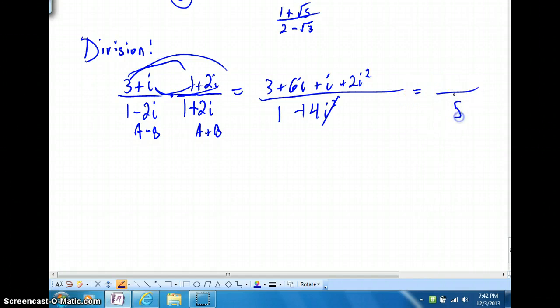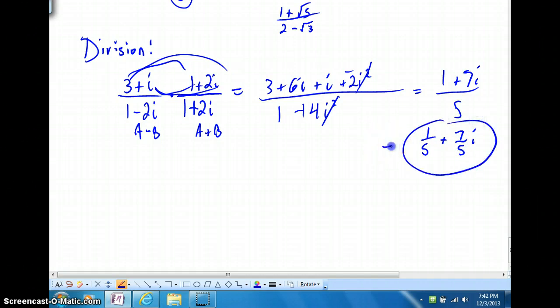Down below, we, of course, have a 5. Look, up on top, i squared is just going to make that 2 a negative. 3 plus -2 is 1. 6i plus 1i is 7i. A lot of times we'll just separate this into a real number and an imaginary number. That's really the convention. And that's where we're going.